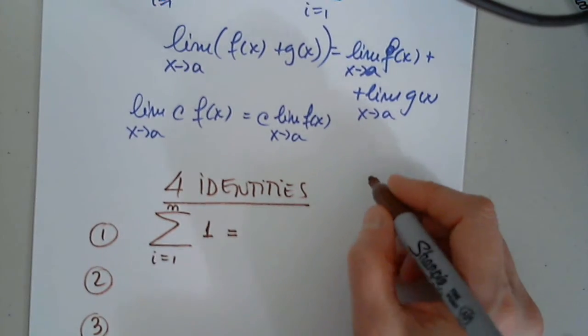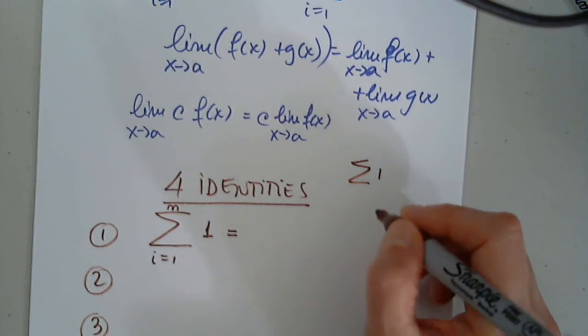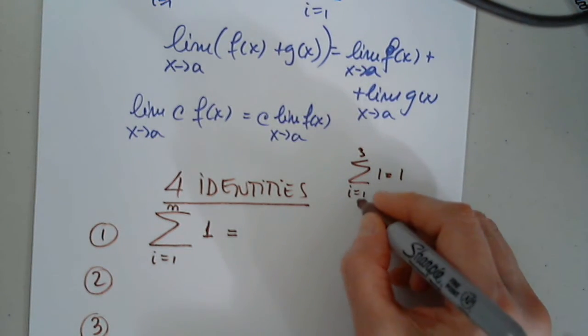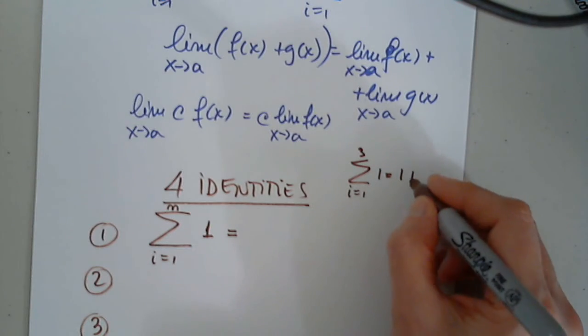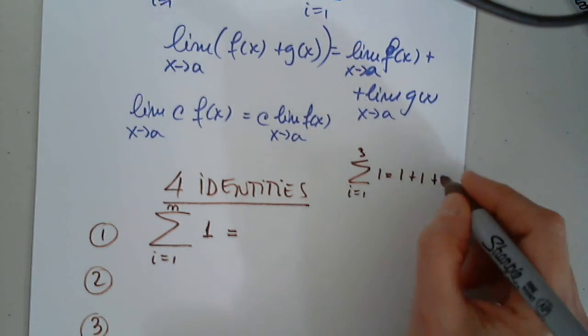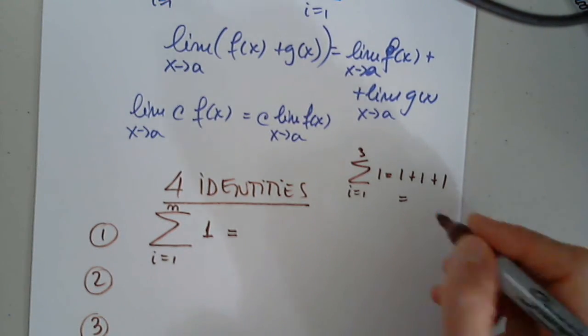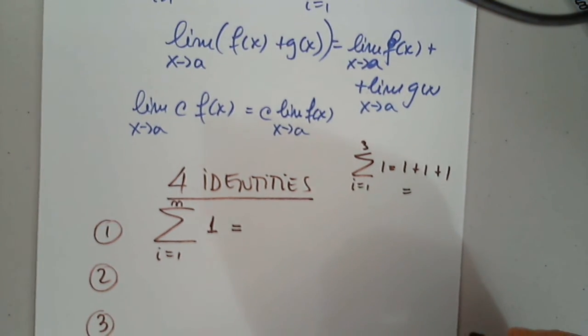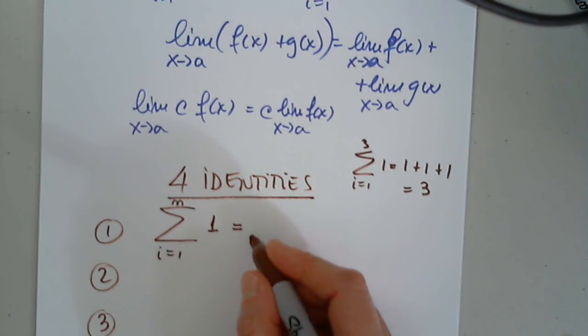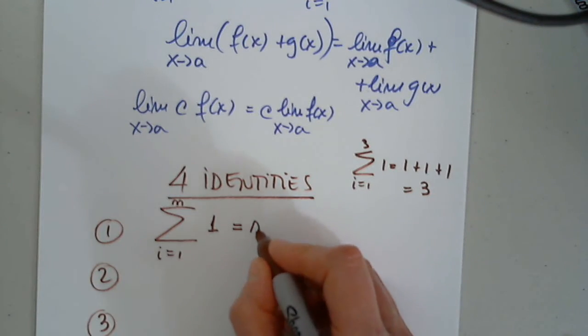Let's look at a simple example. The sum of 1 from I equals 1 to 3. I have 1 when I is 1, plus when I is 2, plus when I is 3. What do I get? Good. So then what is the answer? That's it.